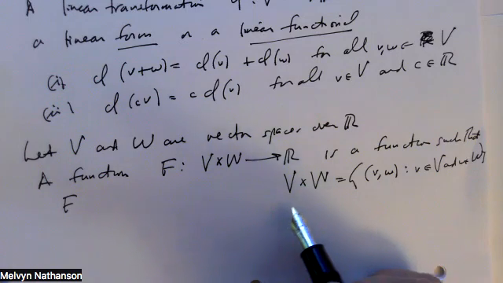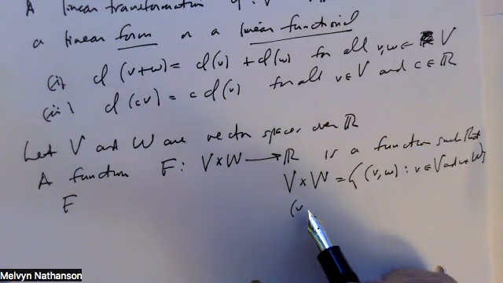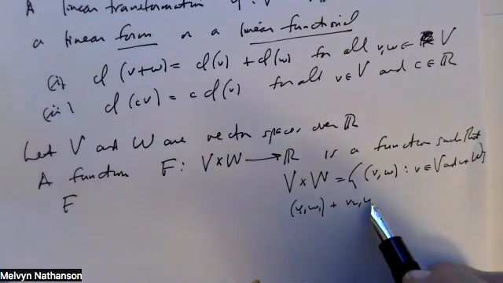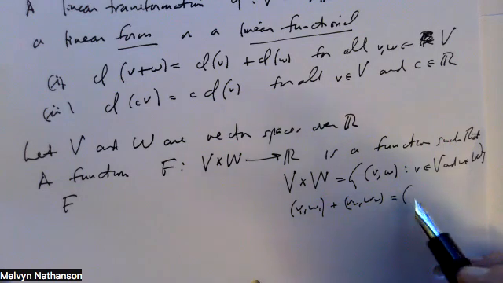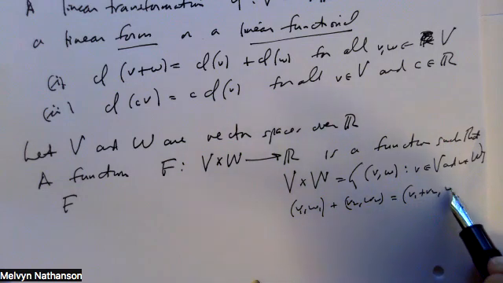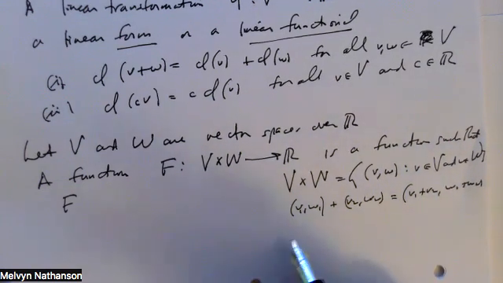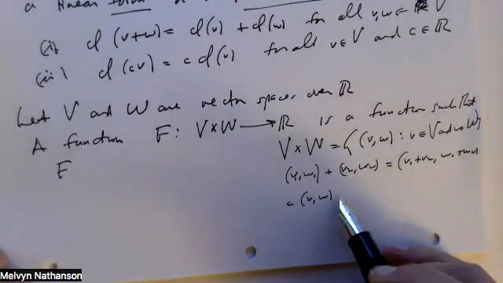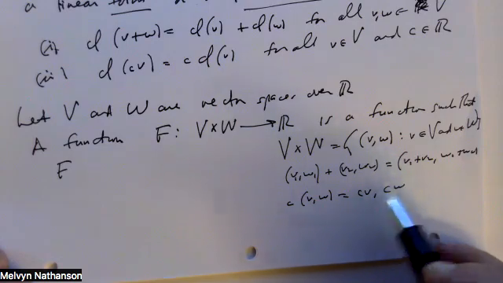And we define addition of pairs coordinate-wise. And we define scalar multiplication of a pair also coordinate-wise.